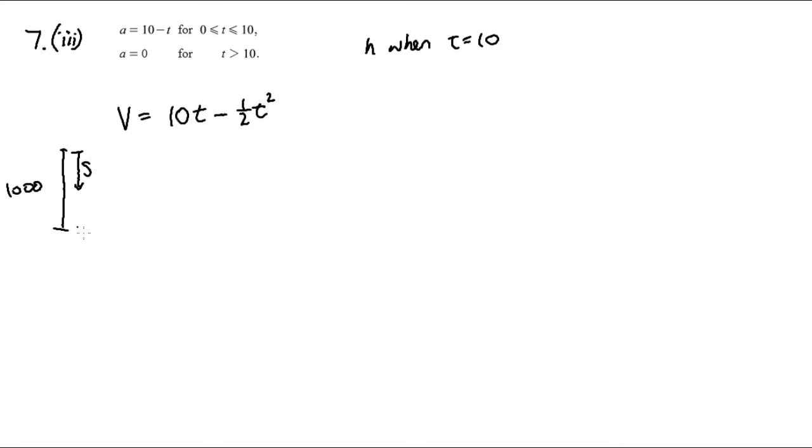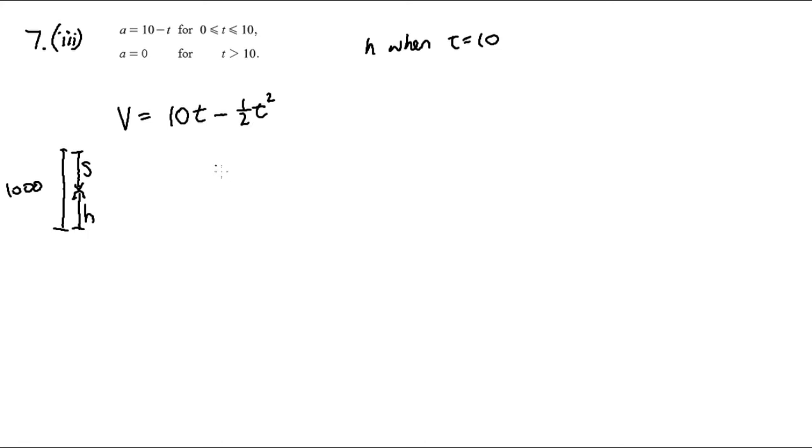But what we really want is the h from the bottom to the top, and therefore we can get that by doing 1000 subtract s, where s is the integral of 10t minus half t squared.